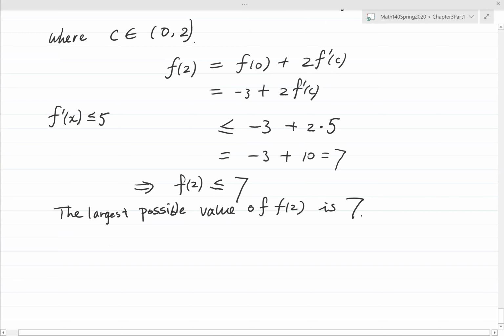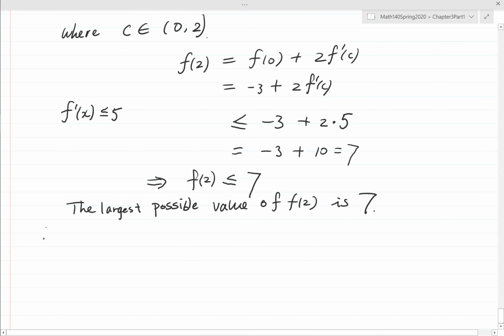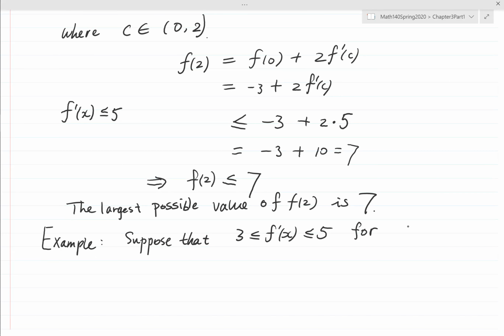Okay, another example. Suppose that 3 is bounded from above by f derivative of x, and f derivative of x is bounded by 5. i.e. f derivative, the increasing rate of f, is controlled from below and from above, so that the function value cannot increase too fast and cannot increase too slow for all values x.